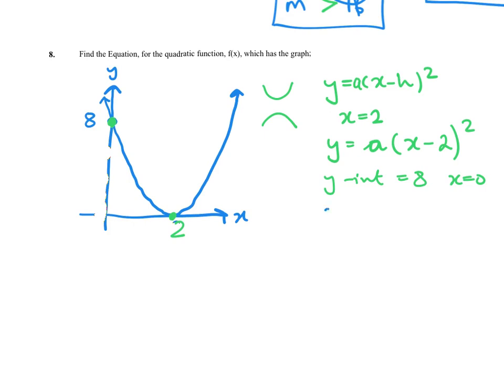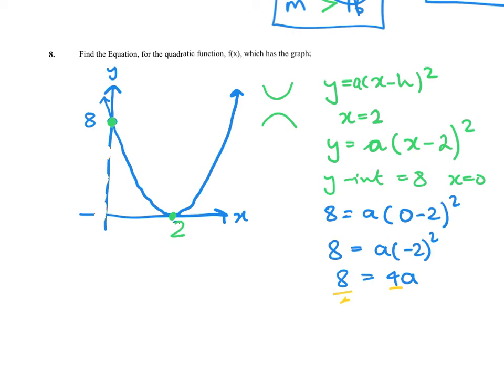So y is 8, equal to a, which we don't know, times 0 take away 2 to the power of 2. 8 is equal to a times negative 2 to the power of 2, which is positive 4, so it's 4a. We just need a by itself, so divide both sides by 4, and it gives us a is equal to 2.